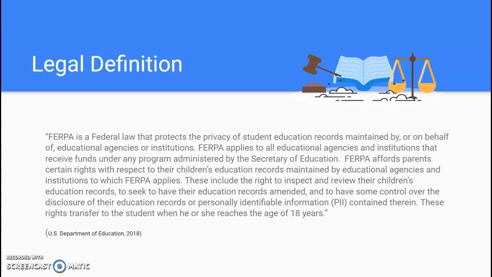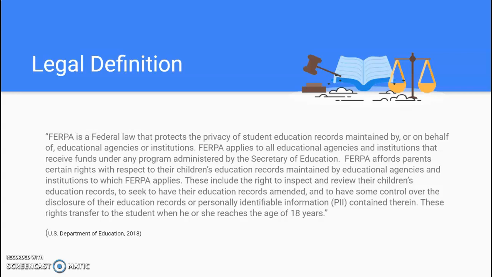So the legal definition of FERPA is the federal law that protects the privacy of student education records maintained by or on behalf of educational agencies or institutions. FERPA applies to all educational agencies and institutions that receive funds under any program administered by the Secretary of Education.